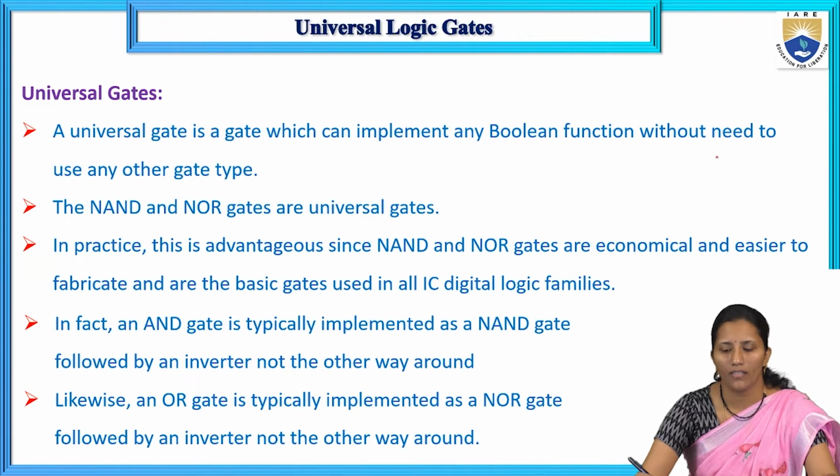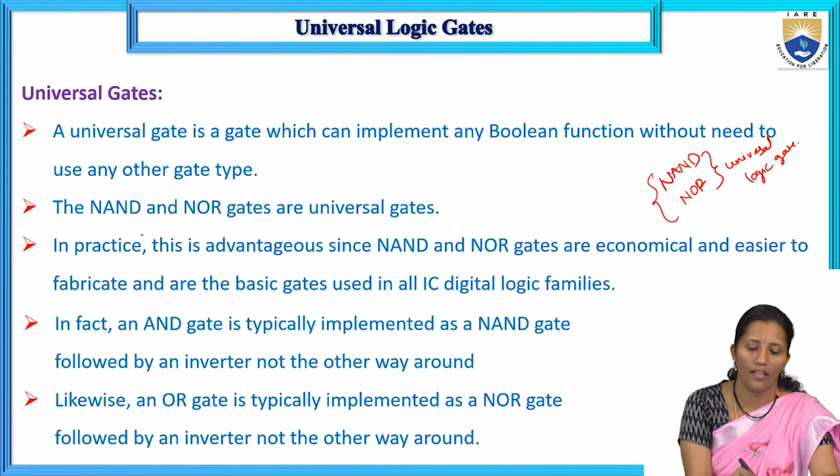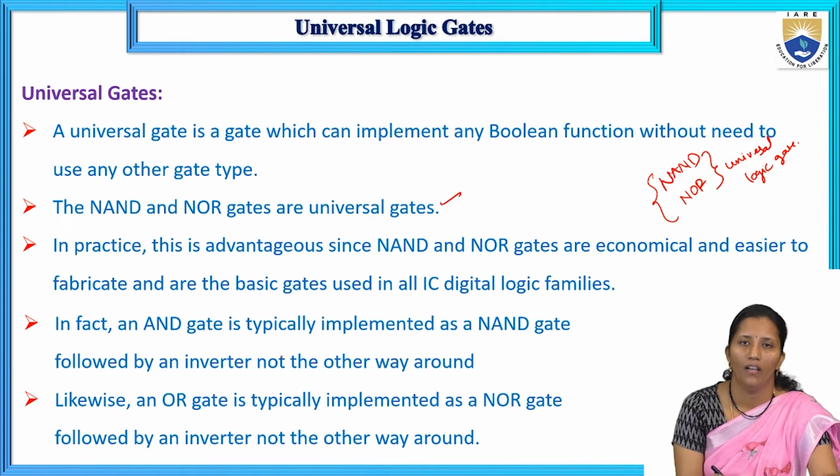Of these, only NAND and NOR gates are universal logic gates. Why? Because we can implement any Boolean function using NAND and NOR gates, compared with the other gates. So NAND and NOR gates are universal logic gates.